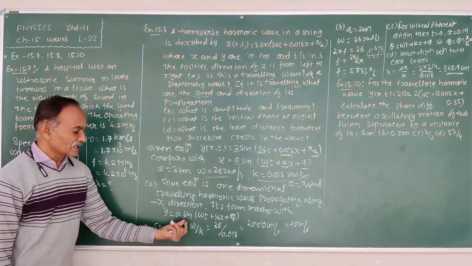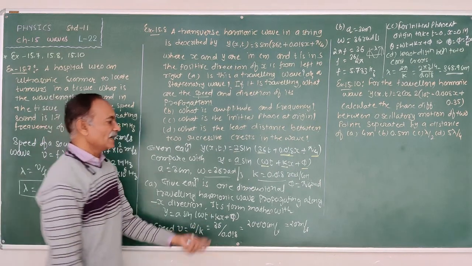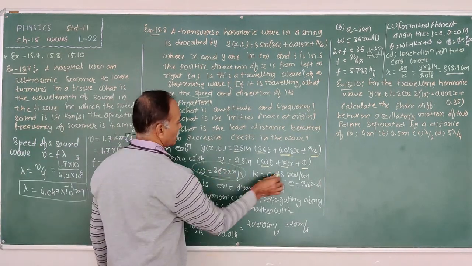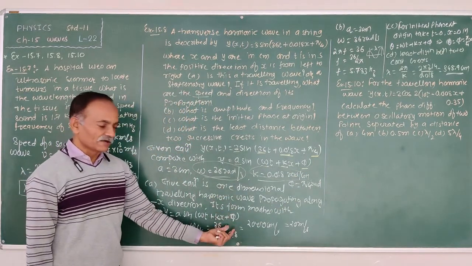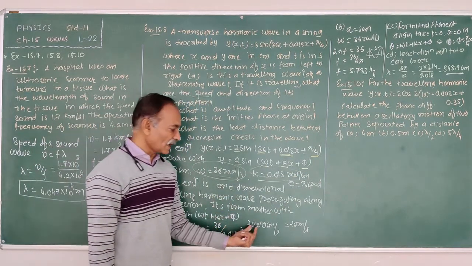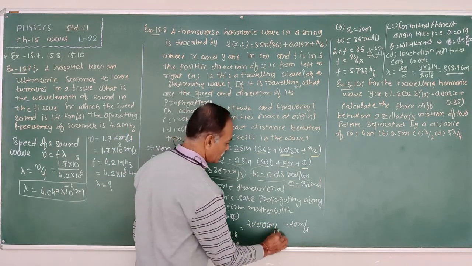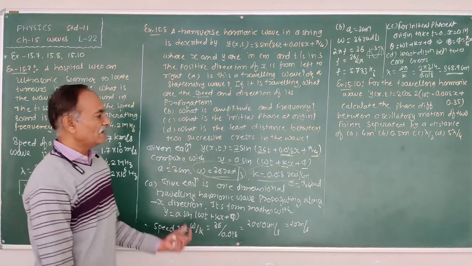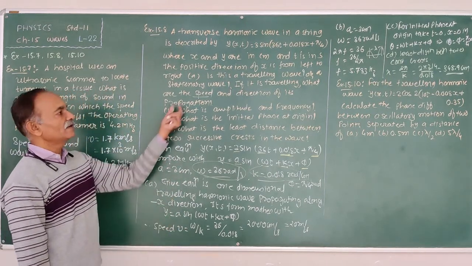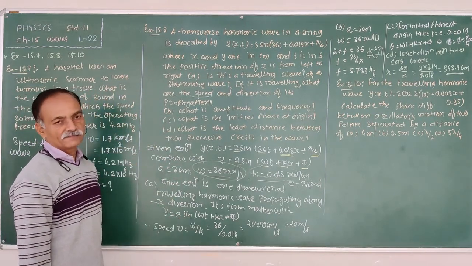Now the speed v is equal to omega upon k. Omega and k are already known. 36 upon 0.018, therefore 2000 centimeter per second, therefore 20 meter per second. That is the speed of the given wave in the given medium.